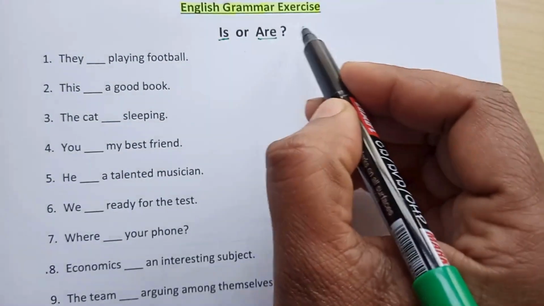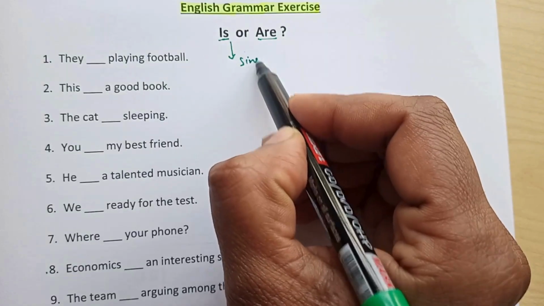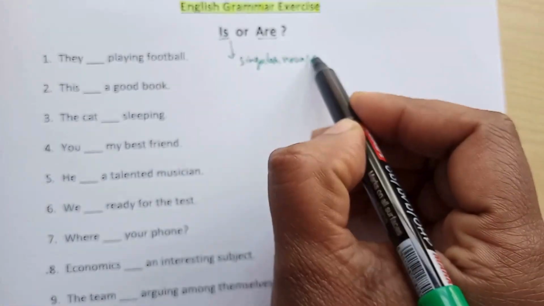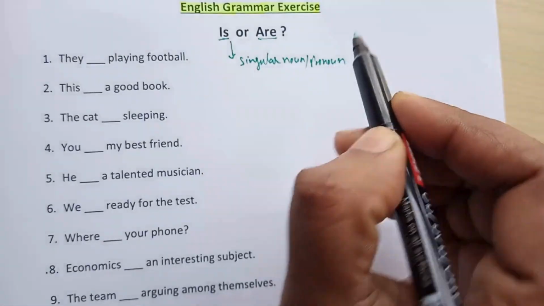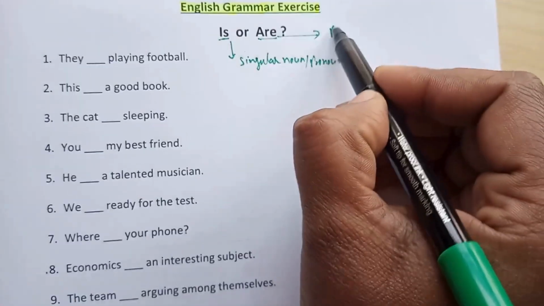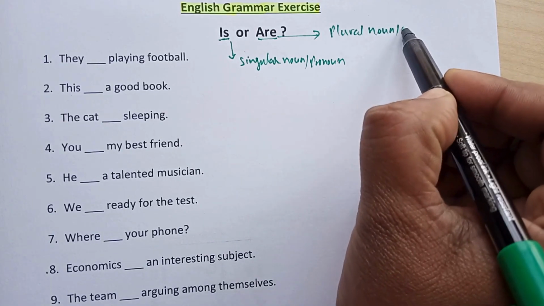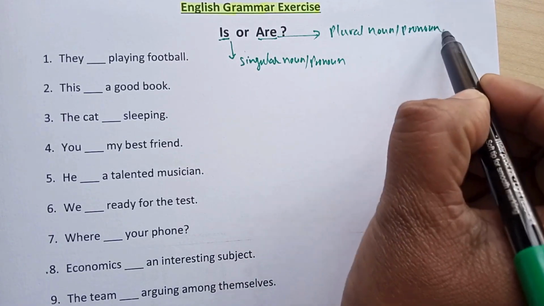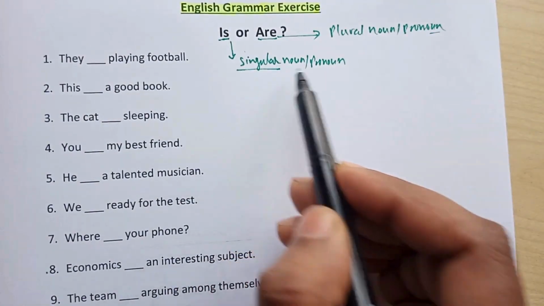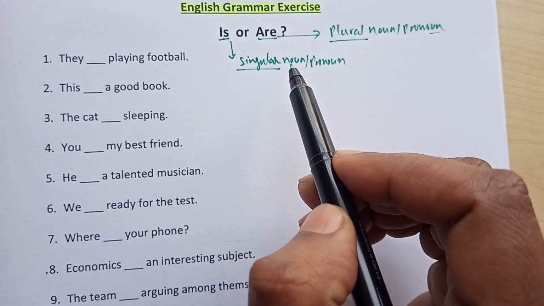"Is" is generally used when you have a singular noun or pronoun. When is "are" used? "Are" is used when you have a plural noun or pronoun. So "is" is used with a singular noun and "are" is used with a plural noun.